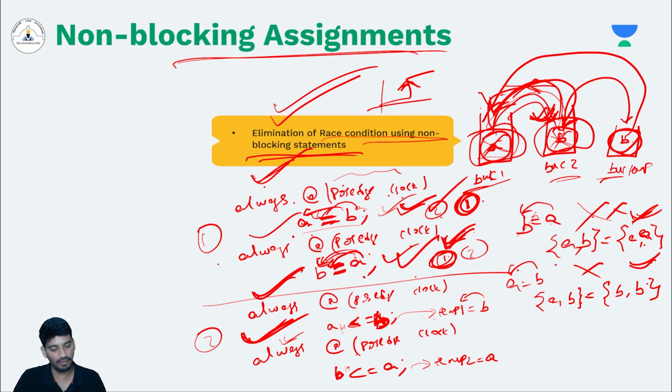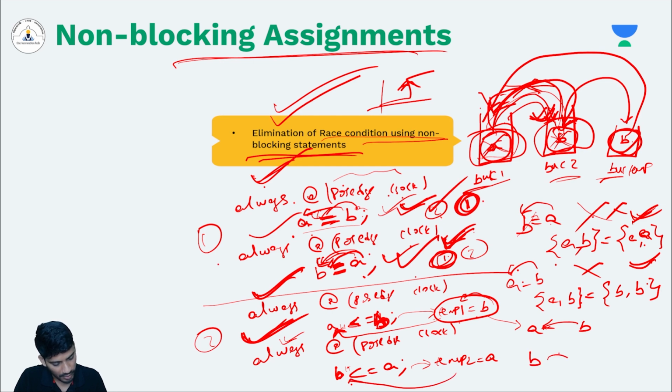After the read operation, what happens? Whatever value is stored inside the temporary register will go to A. Since the data stored is B, A will become B, and at the same time my B will become A. So this A is coming not from A but from the temporary variable.